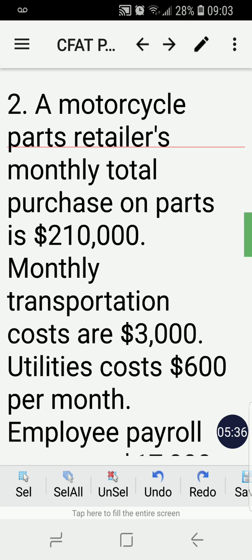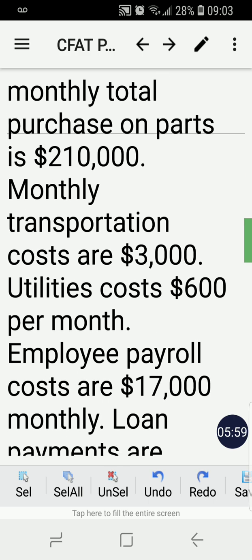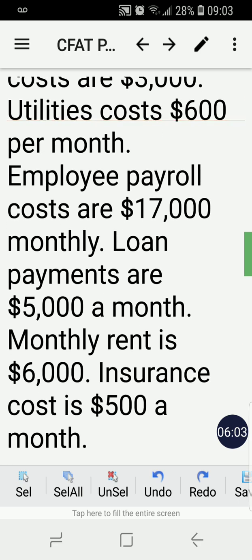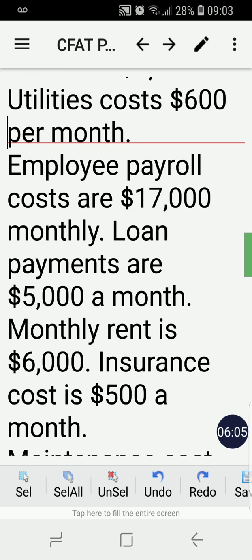Okay, moving on now to question number 2. This question is more of a business entrepreneur one. A motorcycle parts retailer's monthly total purchase on parts is 210,000. Monthly transportation costs are 3,000. Utilities cost 6,000 per month.